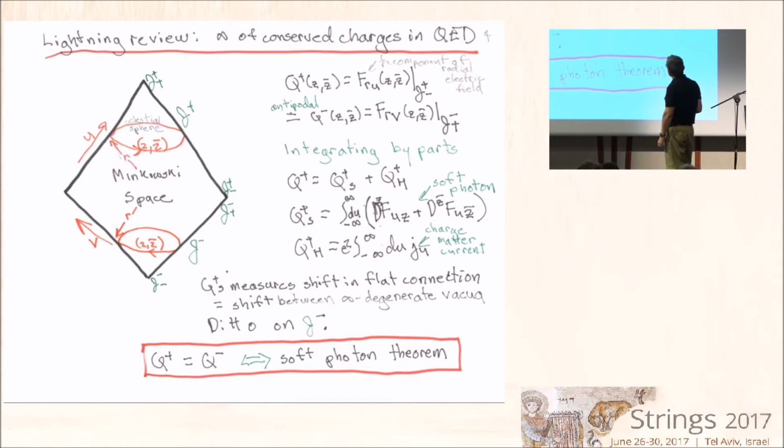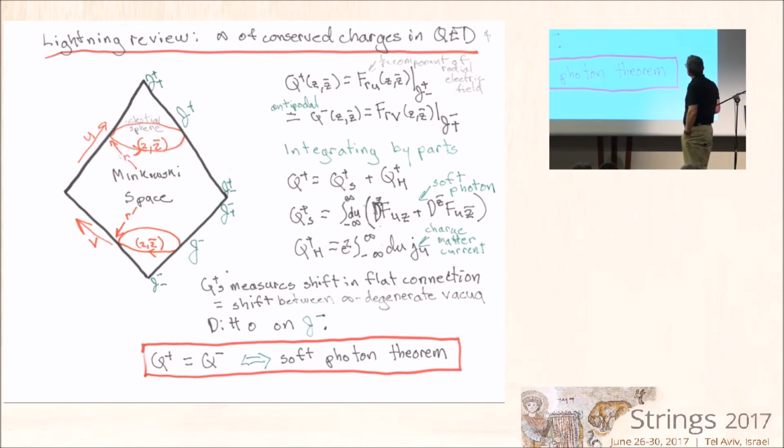When I integrate by parts, this charge becomes a sum of two terms. One is a so-called soft term. I use the constraint equations, which hold as strong operator equations in the quantum theory. The soft term is the divergence of the radiative component of the electromagnetic field, the term that is transverse to null infinity, integrated over one line.